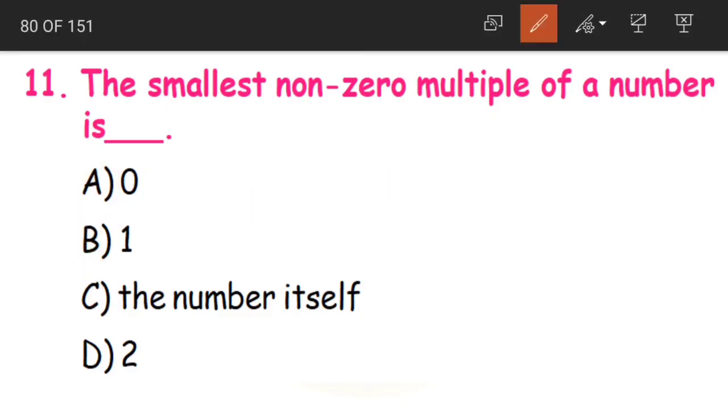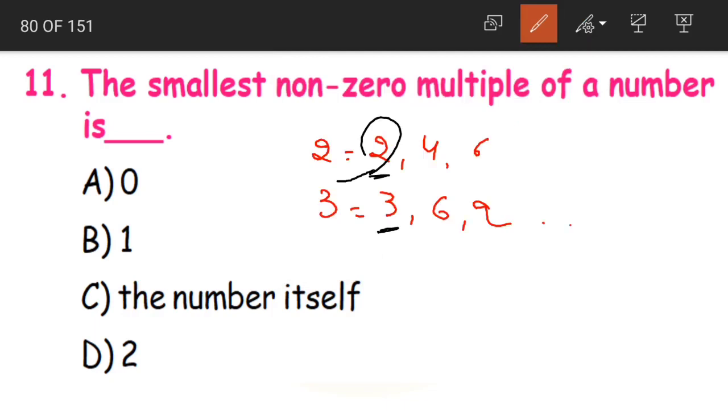See, if we look at the multiples of any number, say the multiples of 2, they start with 2, 4, 6 and so on. When we say the multiples of 3 are 3, 6, 9 and so on. What are you observing? What is the smallest multiple of each number? It is the number itself.